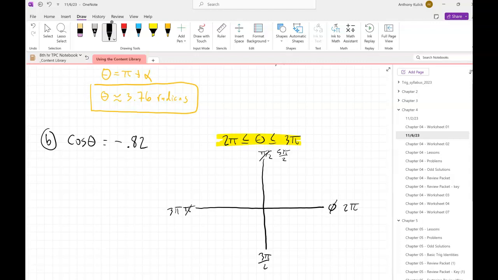It's important that you're doing that. So I'm just updating the labels on my x-axis because I need those labels when I'm getting ready to draw my picture. So from 2 pi to 3 pi are going to be quadrants 1 and 2.